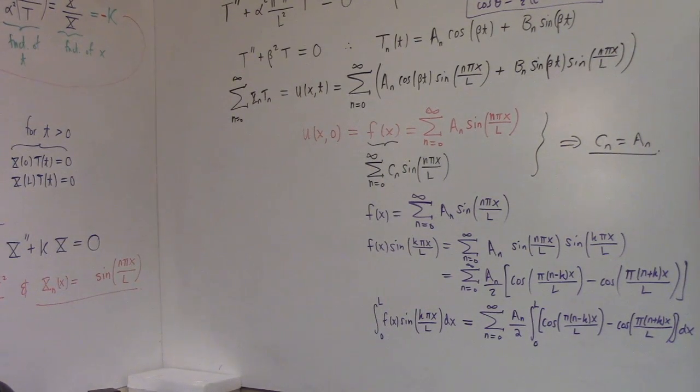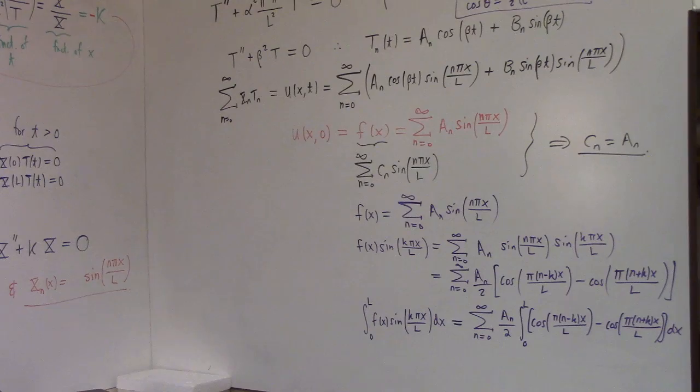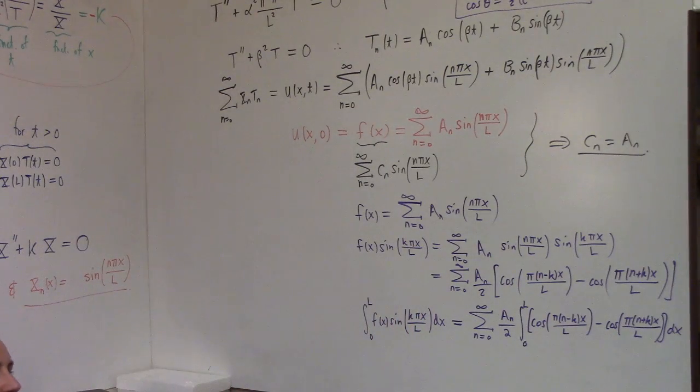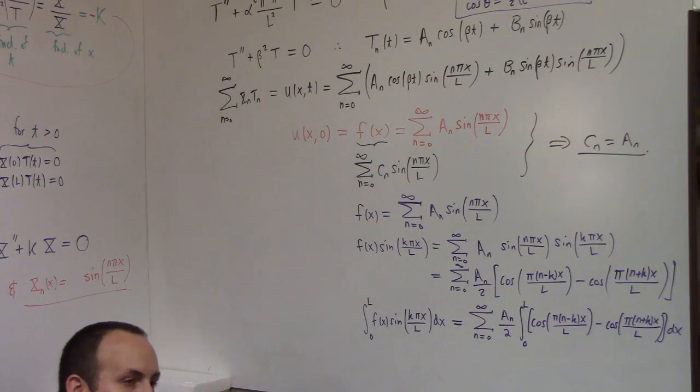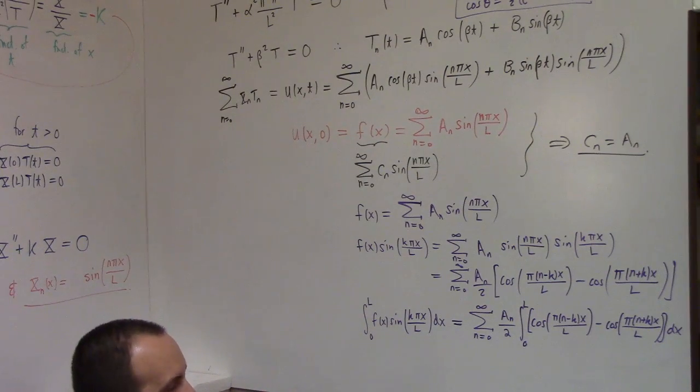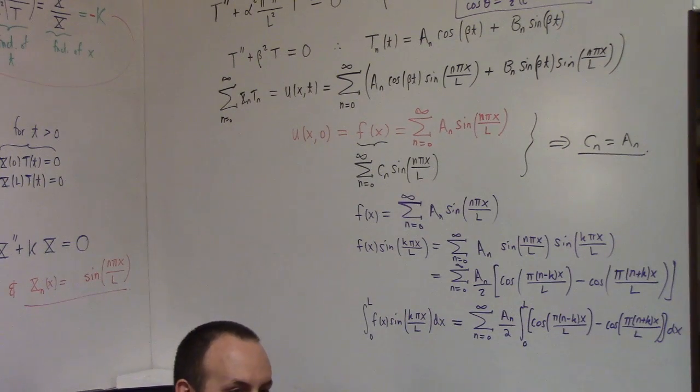No, I'm still there. Okay, so then here's the thing. What happens when you integrate cosine? Let me not write it out, let's just think through these integrals. Integrate cosine, you get what? You get sine, right? Technically you get, for example, L divided by pi times (n minus k) times sine of the same argument.